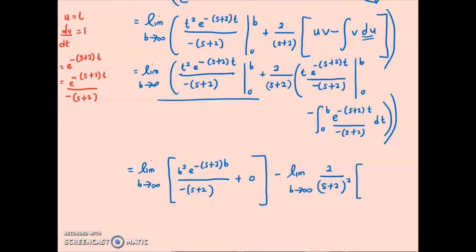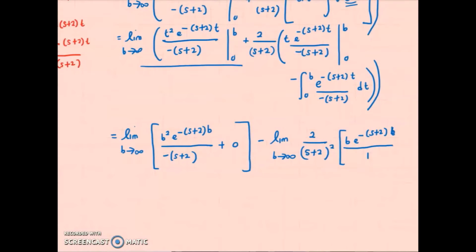So I have b e^(-(s+2)b). Okay, there's nothing here. Minus 0 is 0, so just don't worry about that. Remember, this term here is also for this term here. So we have negative.